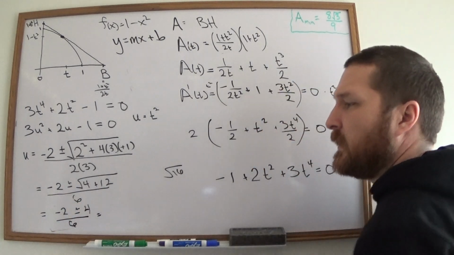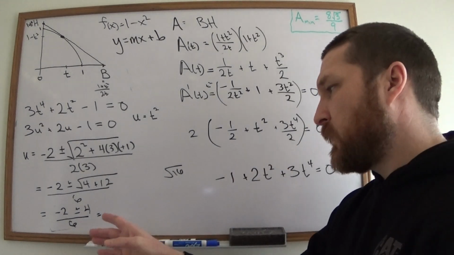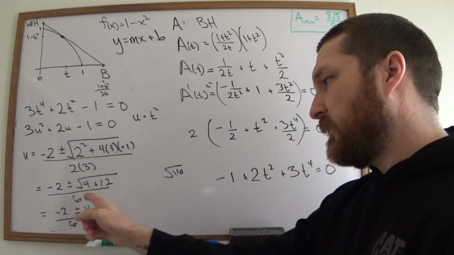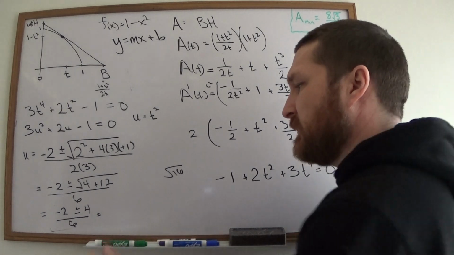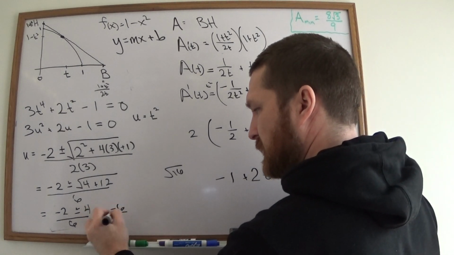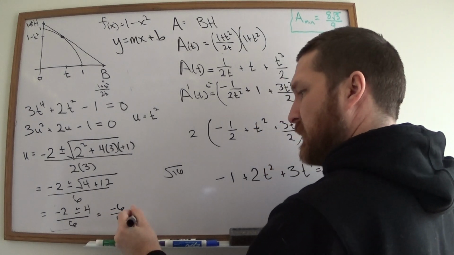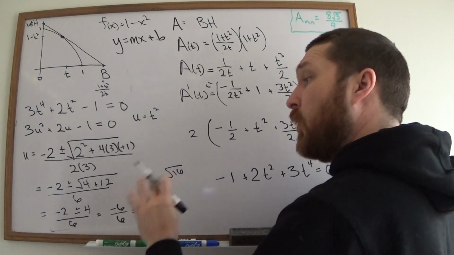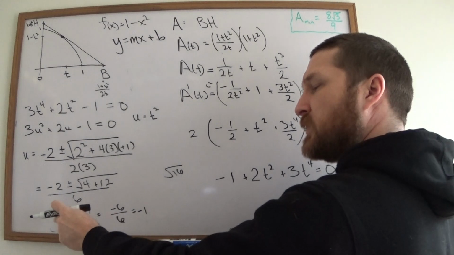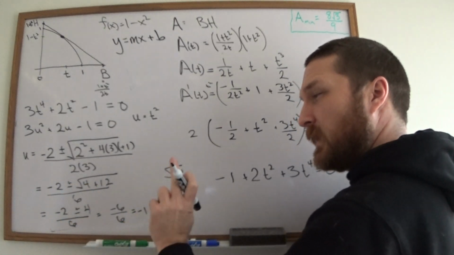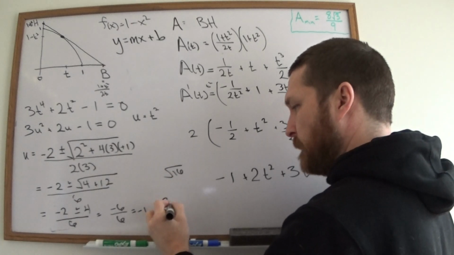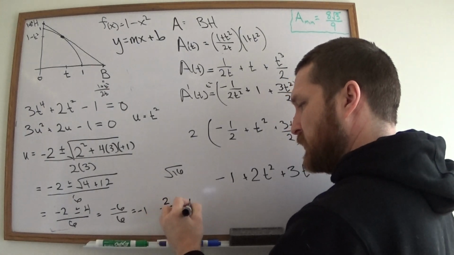This gives me negative 2 minus 4, which is negative 6 over 6, so that's negative 1. Or negative 2 plus 4 is positive 2 over 6, which is 1/3.